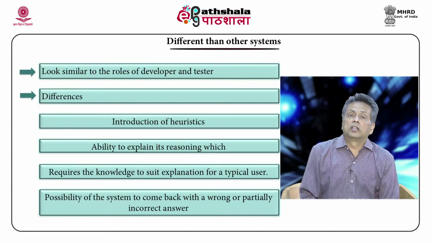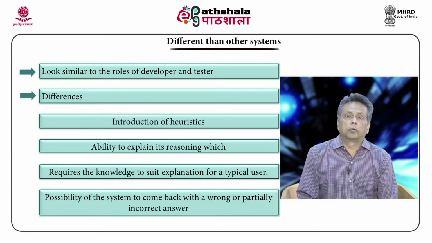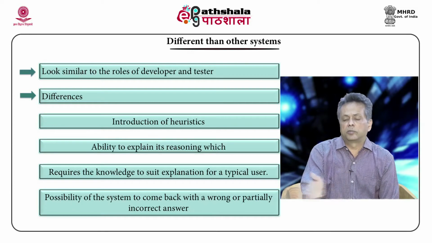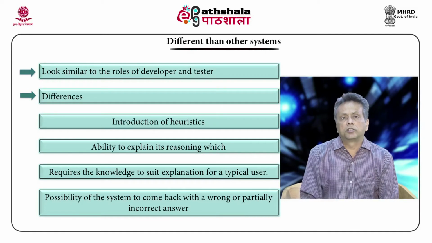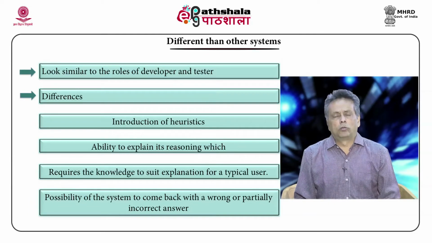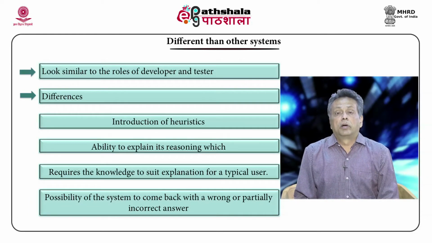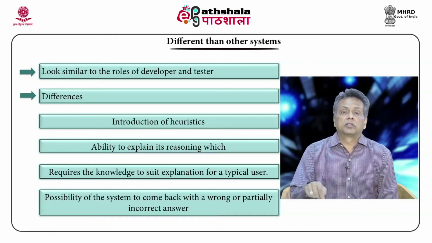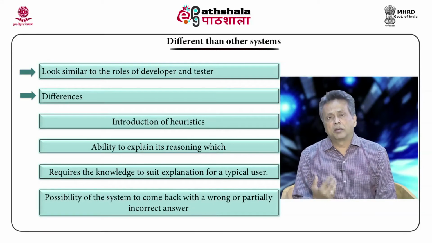The second important thing is the ability to explain the reasoning. For example, a common commercial system will tell me that my payroll, my salary, is this much. I will never go and ask why. But if a medical expert system tells me that I have malaria, I will ask why it is telling me so.